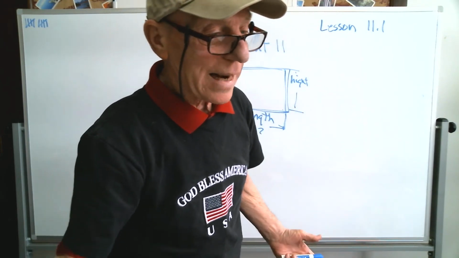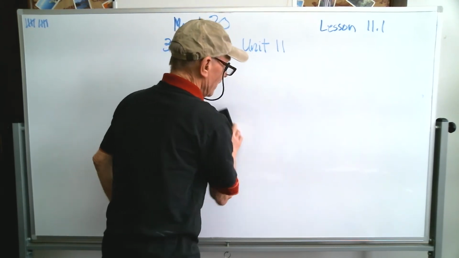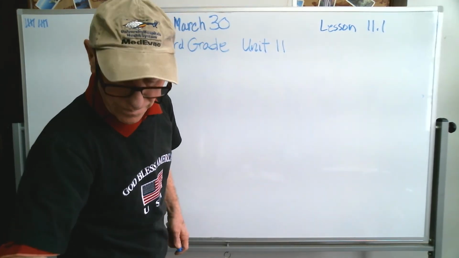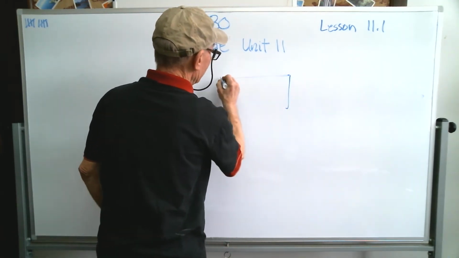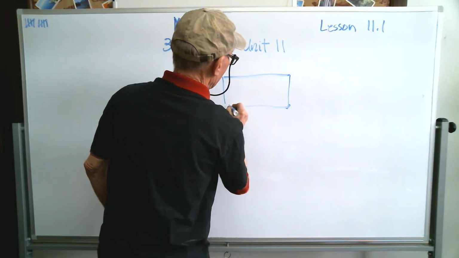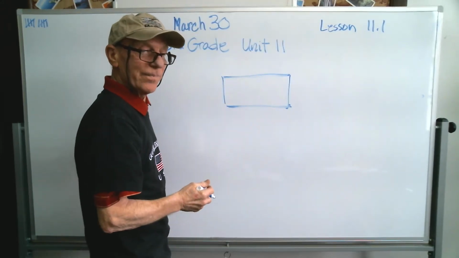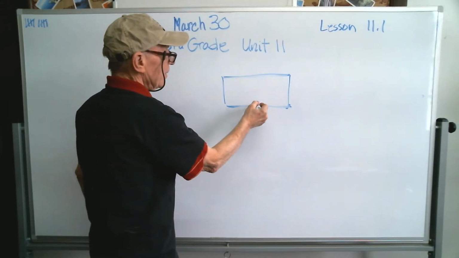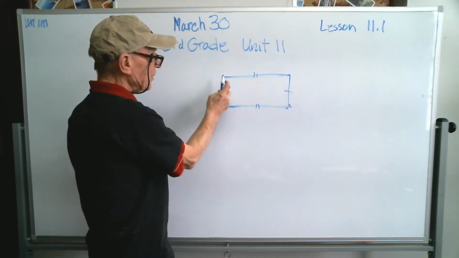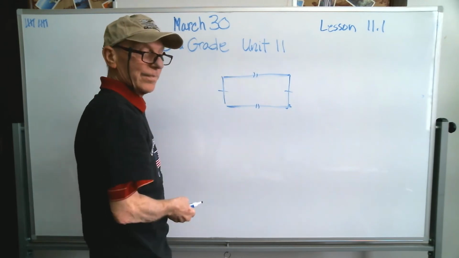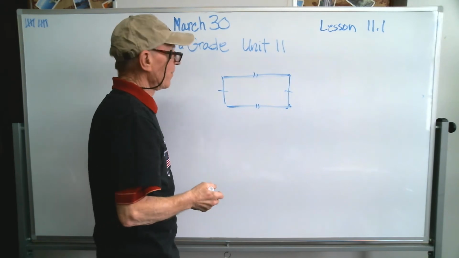Then they throw in rectangle. Rectangle is a geometric term that defines a shape, and that shape is such that you have four sides, two sets of the sides are parallel. In other words, they go in the same direction, but they are two different measurements.